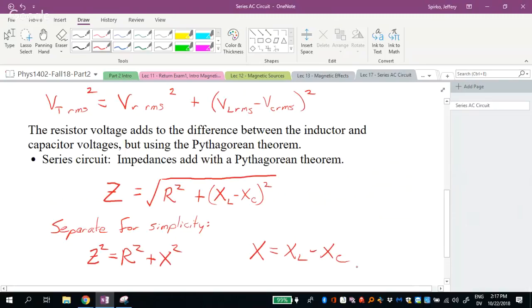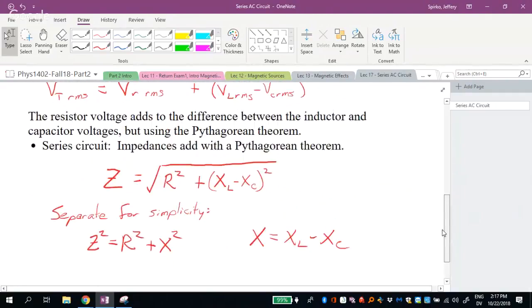So I separate the Pythagorean theorem step from the step of subtracting the capacitor and the inductor. In doing that, it makes it a little bit easier on me and less annoying to deal with.